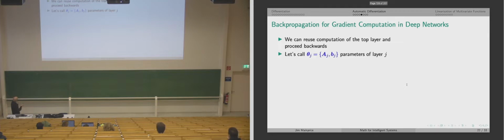We can call theta j the set of weights and biases for every single layer.